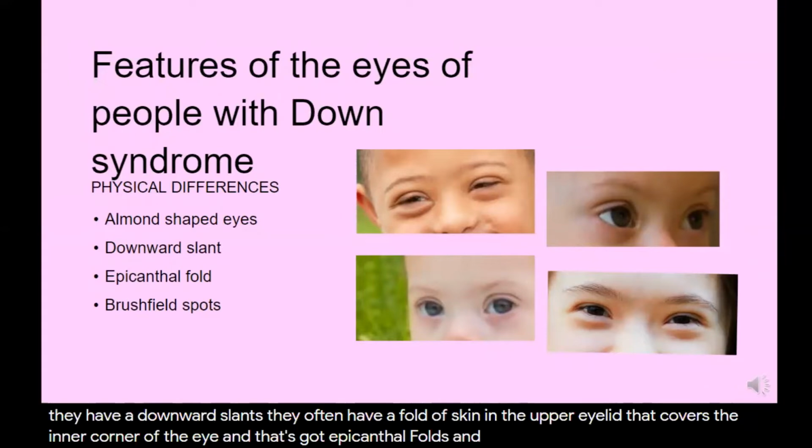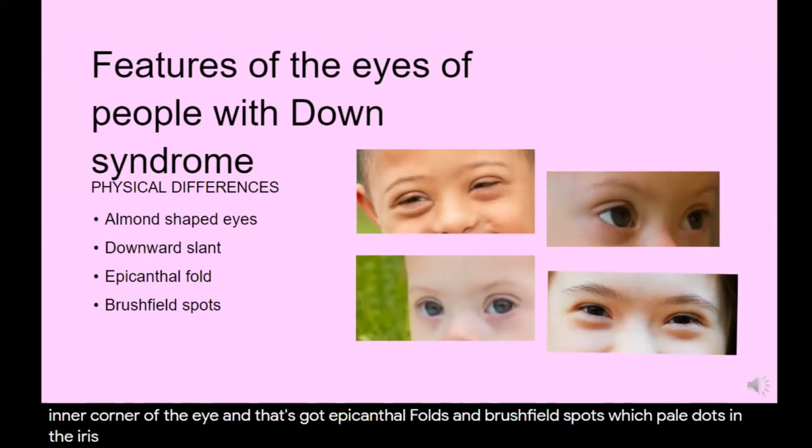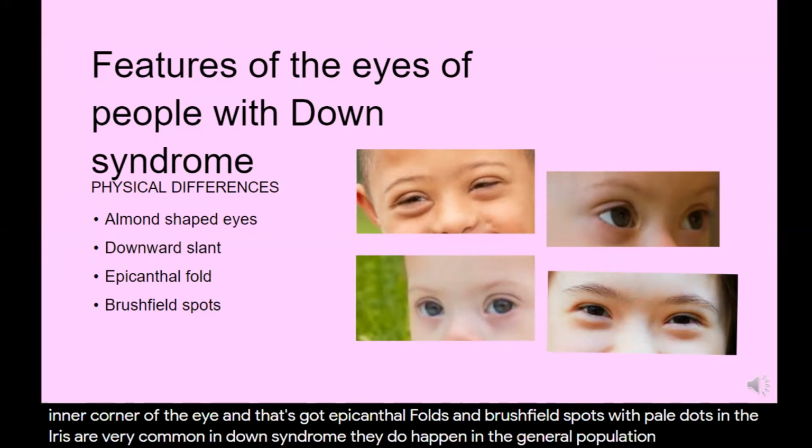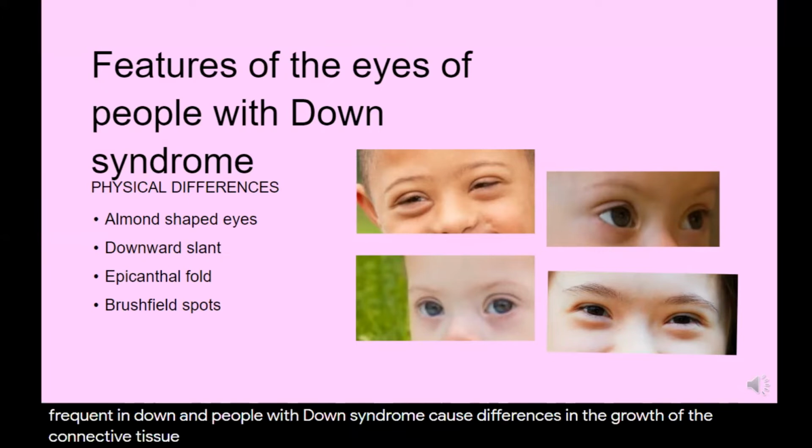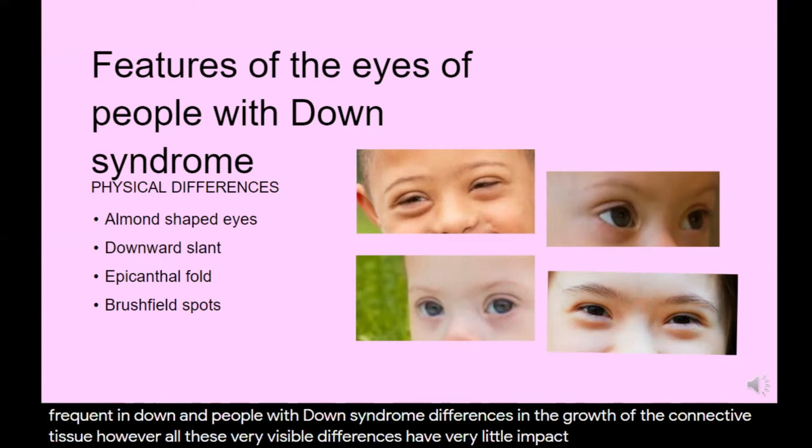And Brushfield spots, which are little pale dots in the iris, are very common in Down syndrome. They do happen in the general population, but they're more frequent in people with Down syndrome. And they're basically caused by differences in the growth of the connective tissue. However, all these very visible differences have very little impact on sight.